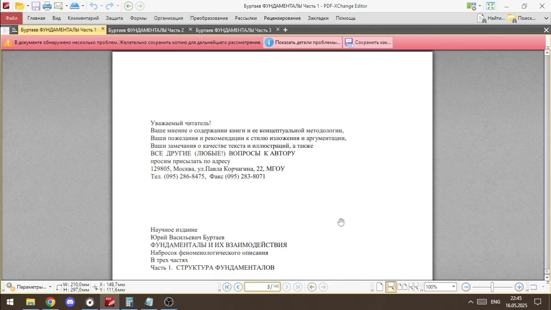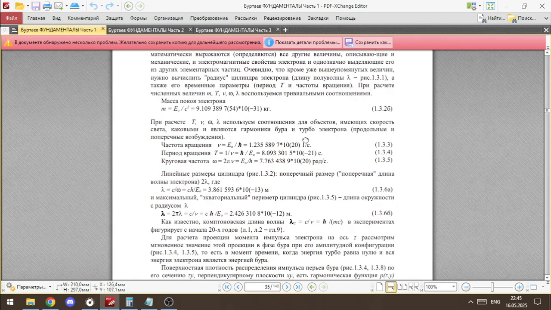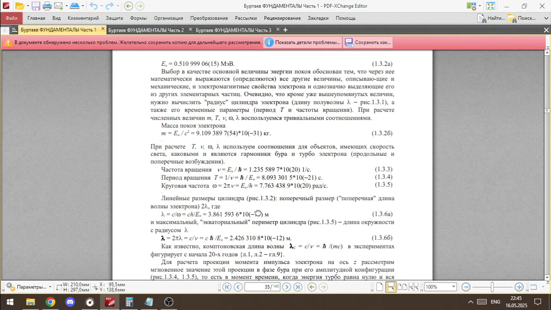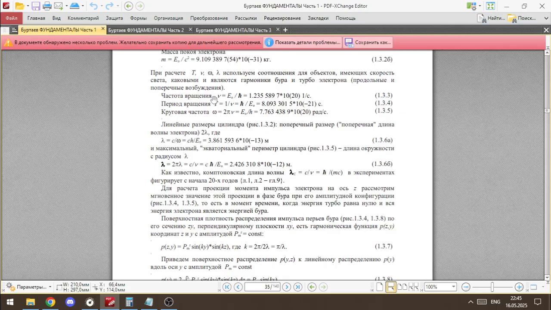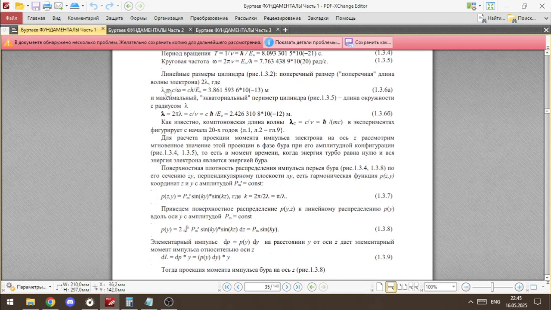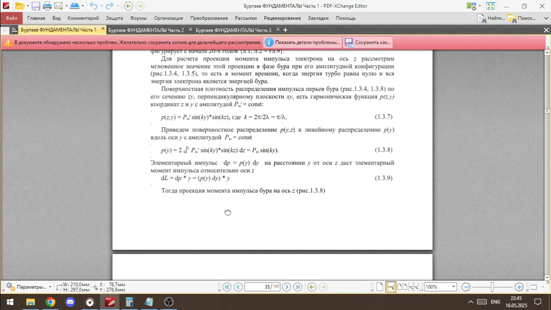Sorry. Okay, so this is our measured mass, essentially, or energy if you wish. We can derive frequency by just dividing the energy by h. We can define the period, the angular frequency, right? We can find the wavelength, and so on.